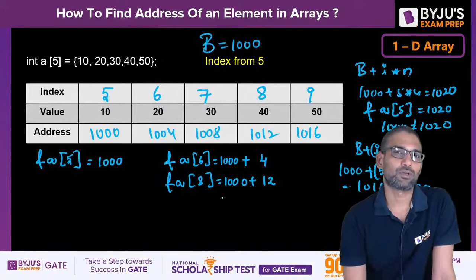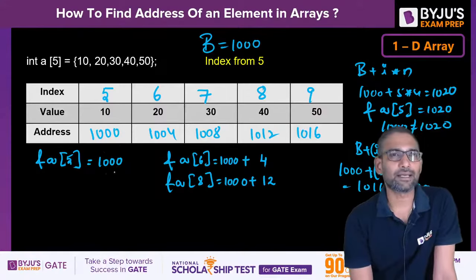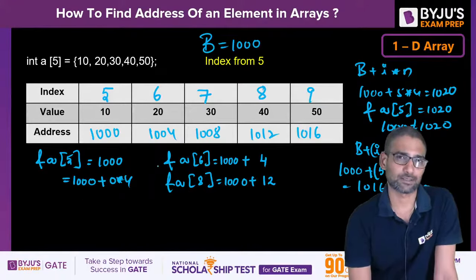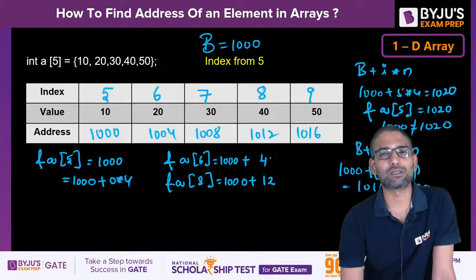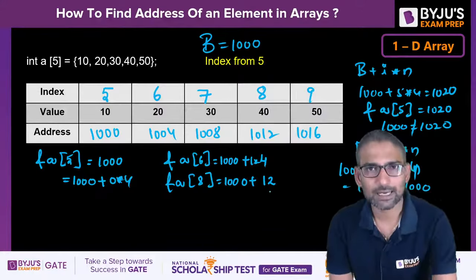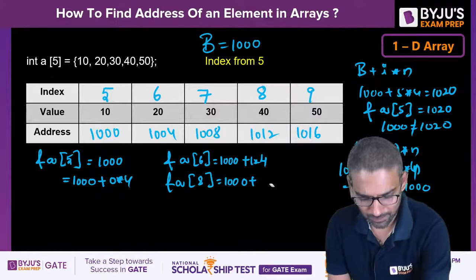So can I write this 1000 also as 1000 plus 0 multiplied by 4? Yes. Can I write this 4 as 1 multiplied by 4 and 12 as 3 multiplied by 4?